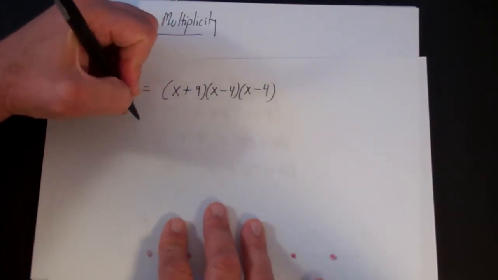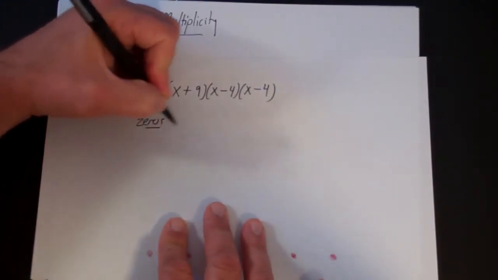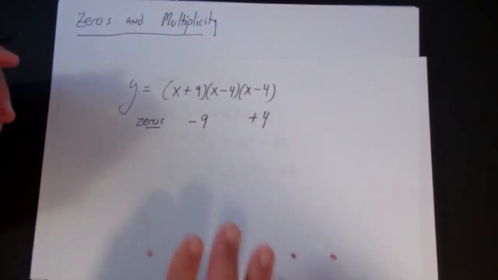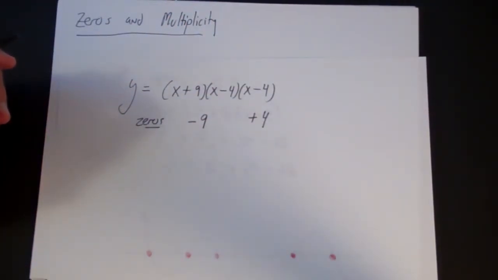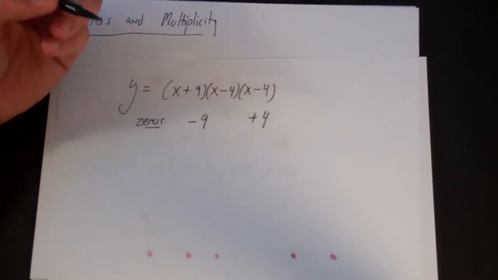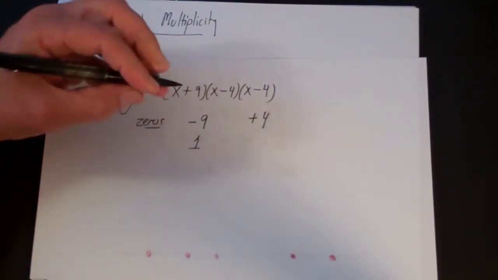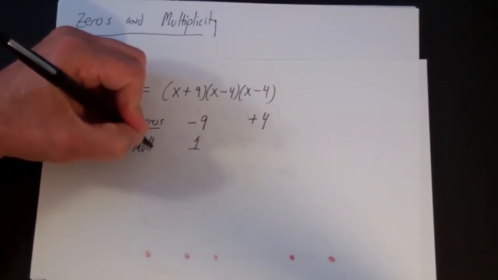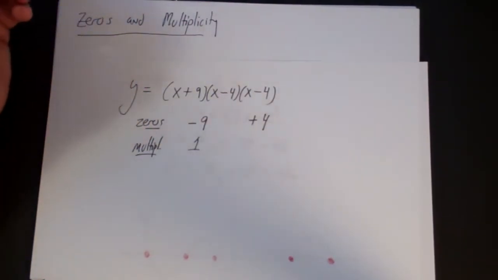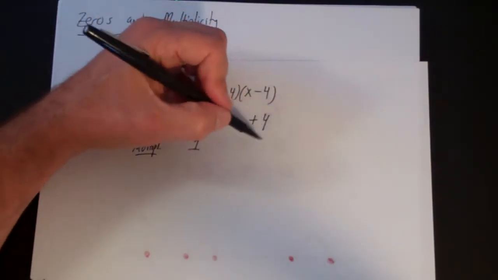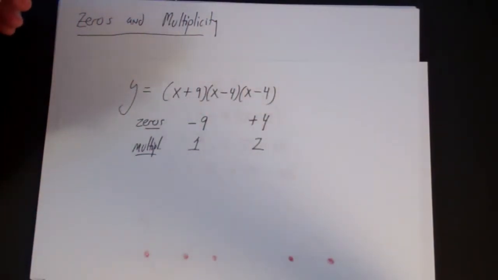In that case, the zeros would be minus 9 and positive 4. But what you have to think about is, what is the multiplicity here? Well, that is, how many times is it a 0? Well, minus 9 is a 0 once, so we say it has a multiplicity of 1. And positive 4 is a 0 twice, so we say it has a multiplicity of 2.